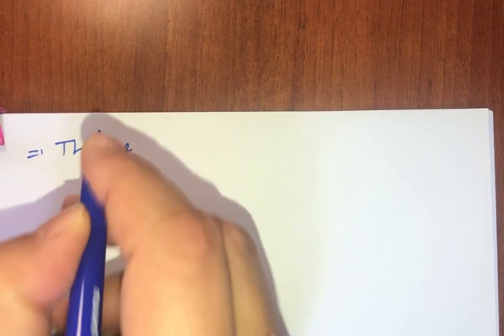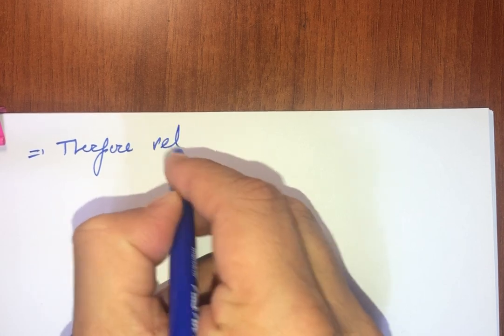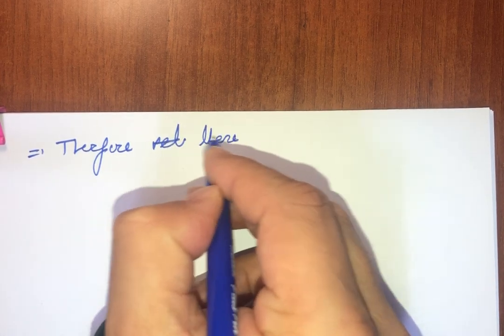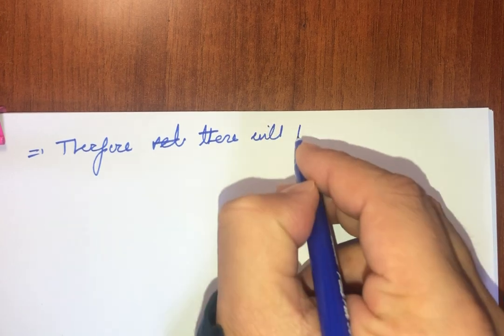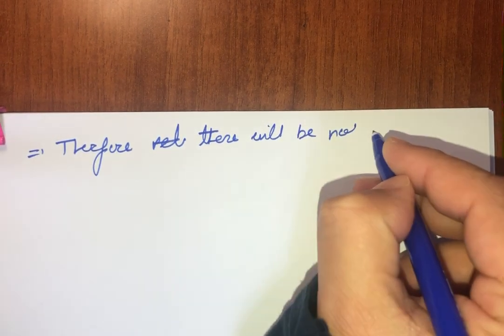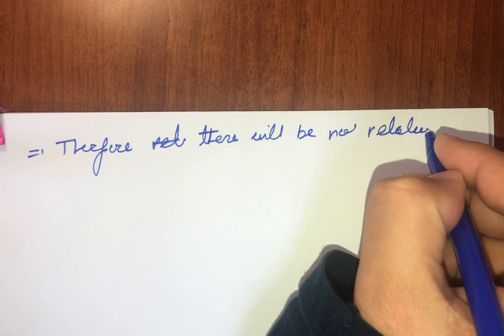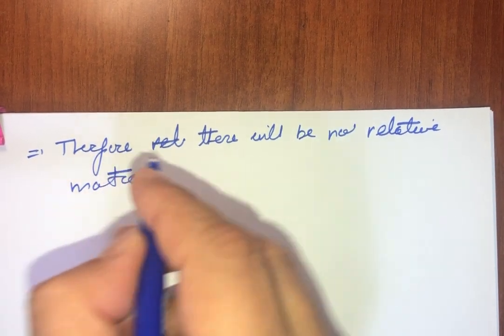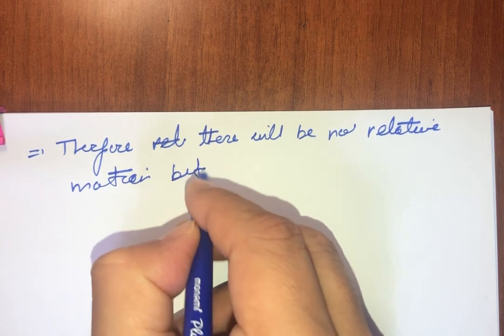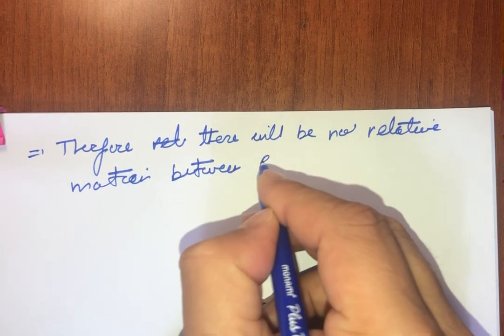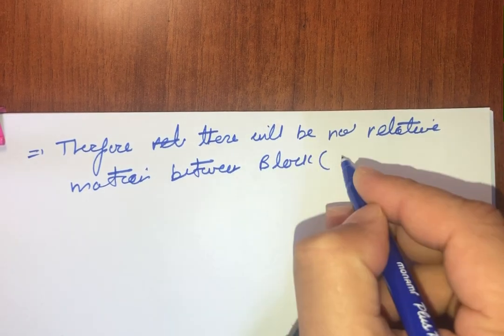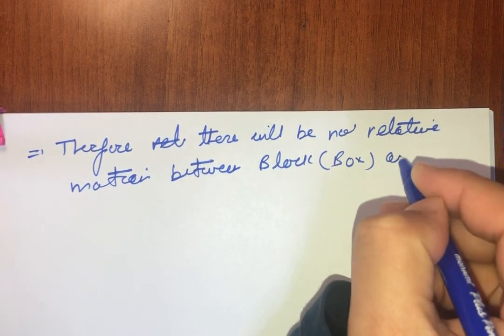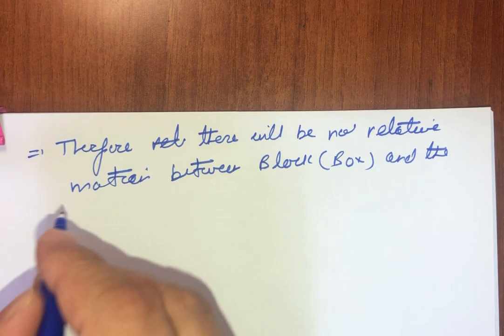Therefore, there will be no relative motion between the block, or we can say box, and the belt.